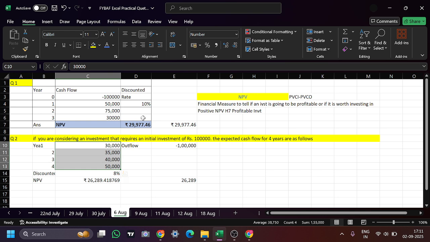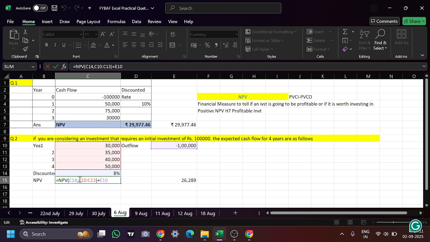For the previous sum, the answer was 29,977. The answer which we got over here is positive, and we should invest in the proposal. Now the discount rate is given as 8%, and the answer will go like this: is equal to NPV in bracket. The first thing the syntax says is the rate, done.